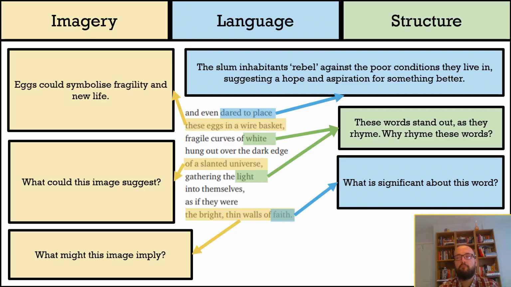Eggs are brilliant symbolically, and also provide a wonderfully clear image. More relevantly to this analysis, eggs can symbolize fragility or new life, or perhaps even both of those at the same time.